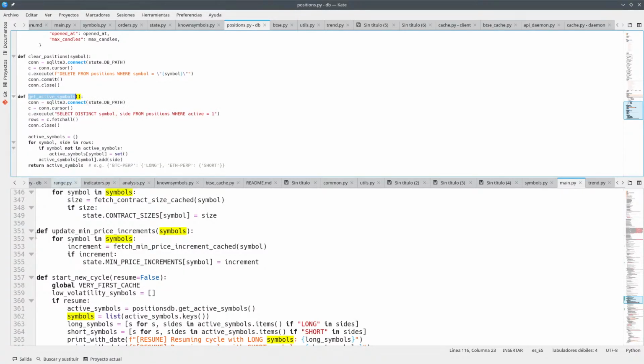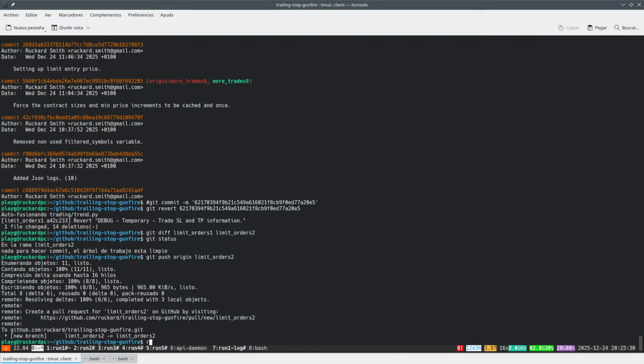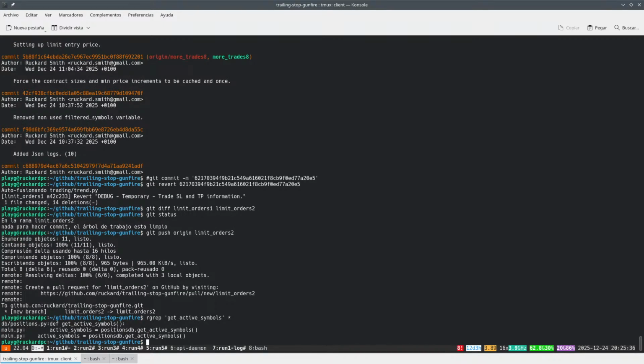So we're going to fix this thing here, and then we will see how it goes. Get active symbols, so we just want to do something like get active positions. This is going to be done in here and in here.